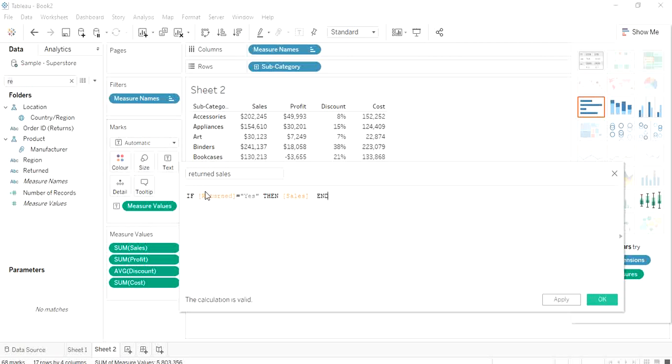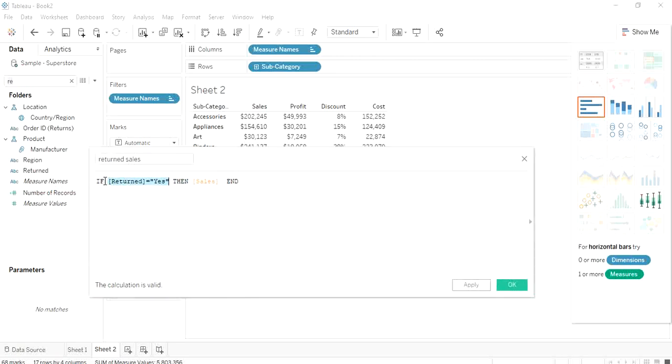So this is the if condition. The syntax is: you write your if, then what condition you want to check. I want to check return is equal to yes, then say then, and then the value that you want to show. I want to show sales.